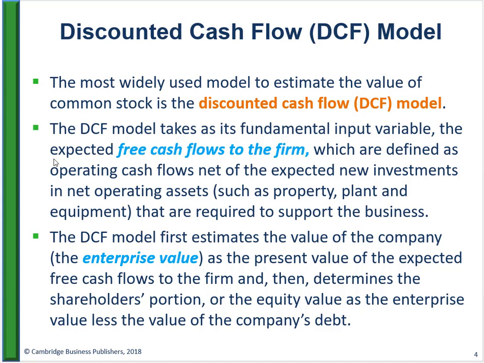If we subtract debt from that, we now have the equity value of the firm. And the equity value of the firm can be divided by the shares outstanding to calculate the price per share, which is what we're ultimately after when we're trying to make good decisions in the stock market, or discern a good business from a bad business, and to decide whether or not there's opportunity as compared to its current stock price.